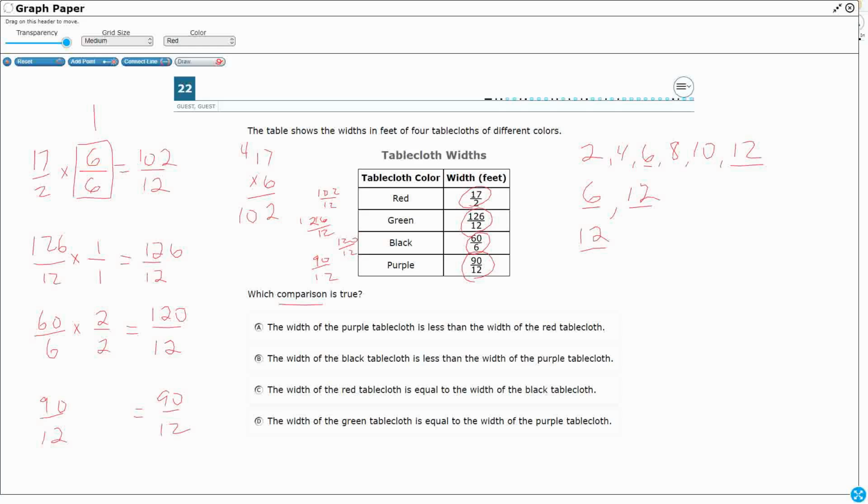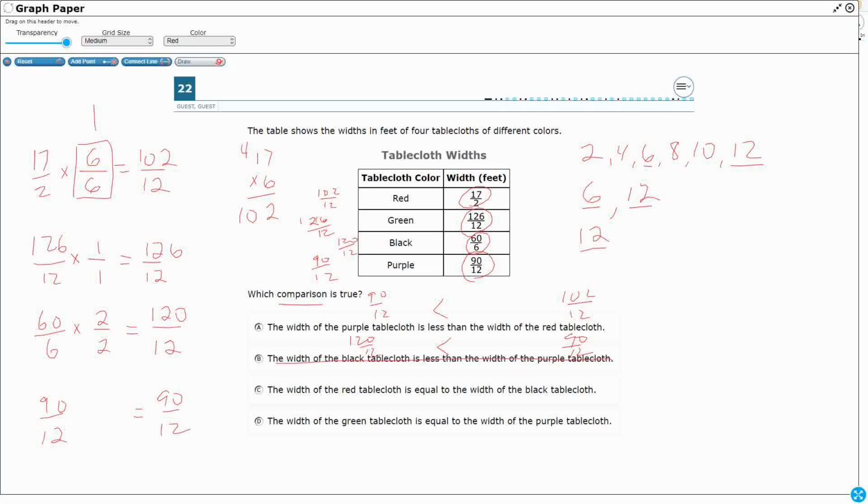And so let's see, the width of the purple, so purple is 90 over 12, is less than the width of the red. Red is 102 over 12. Well, that actually looks good. The width of the black, 120 over 12, is less than the width of the purple, 90. No, that's not correct.